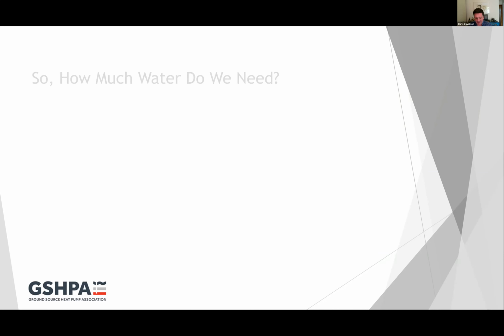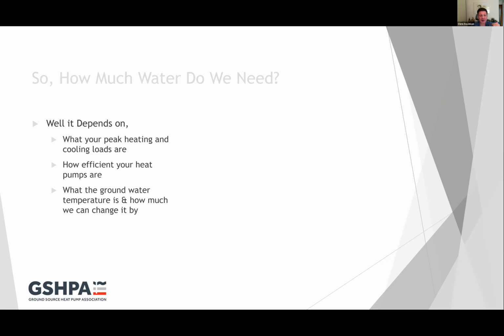So, first question, when we are assessing, is an open loop going to be viable for us at a given location? First thing we need to work out is how much water do we need? Well, it depends on what peak loads, heating and cooling loads, you're looking for, how efficient your heat pumps are, and what the groundwater temperature is and how much we can change it by.